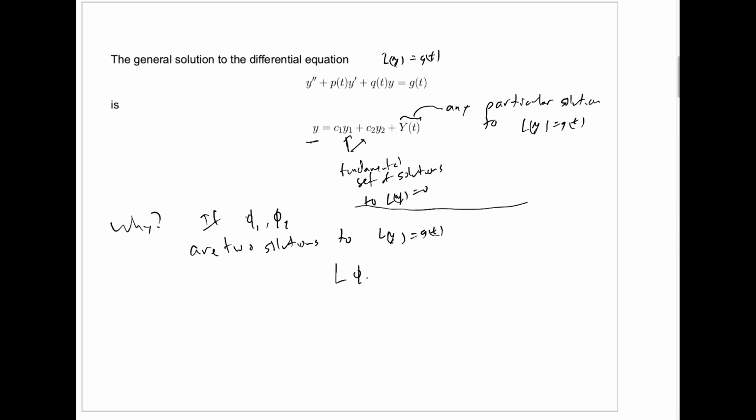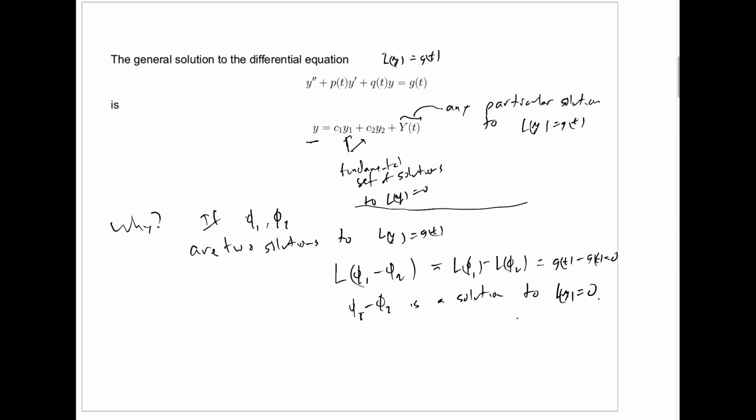Well, L of phi1 minus phi2, by linearity of this linear operator L, will just be L of phi1 minus L of phi2. But of course, saying they're solutions to this equation means L of phi1 is g of t, L of phi2 is g of t. So we get 0. In other words, phi1 minus phi2 is a solution to L of y equals 0, the homogeneous equation.